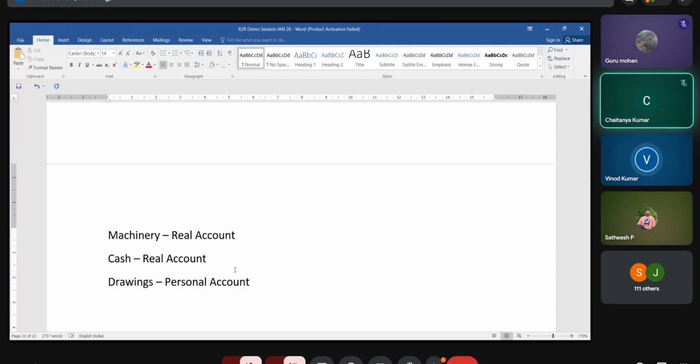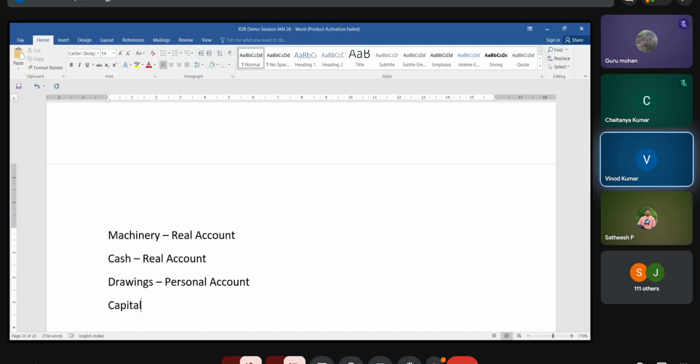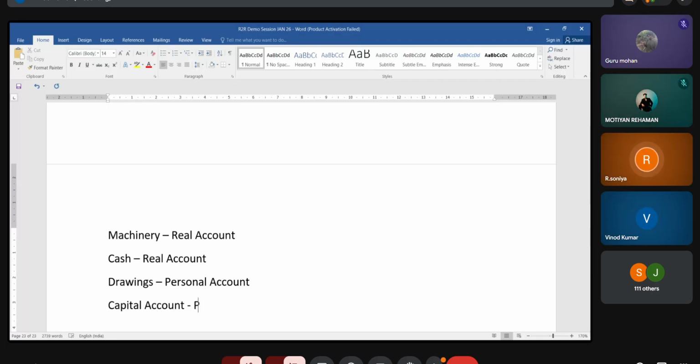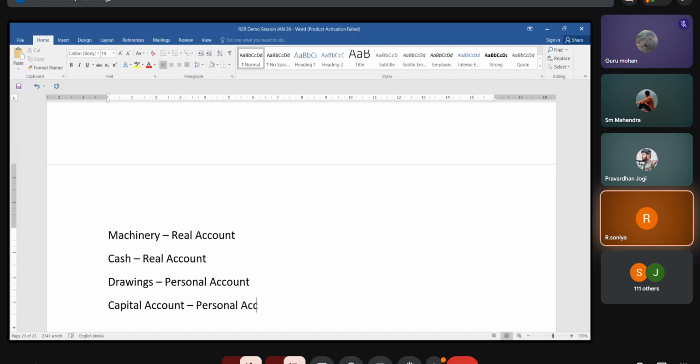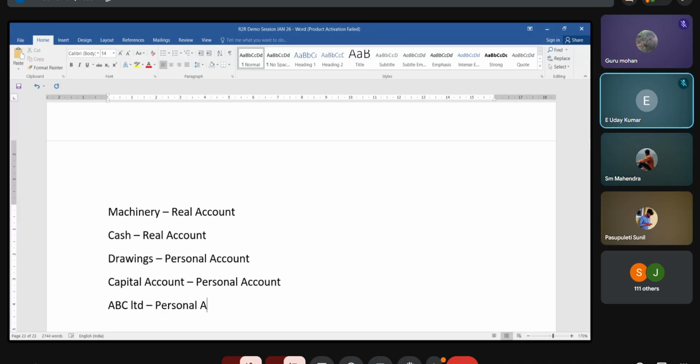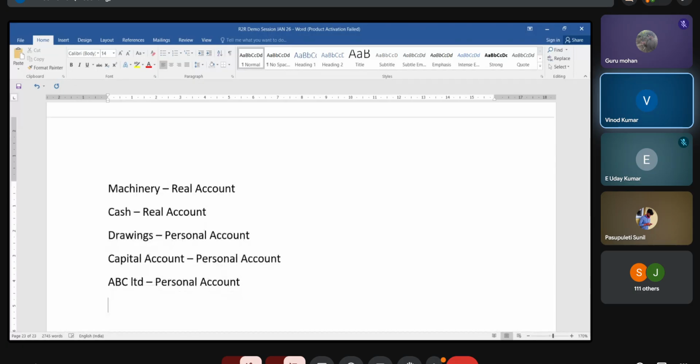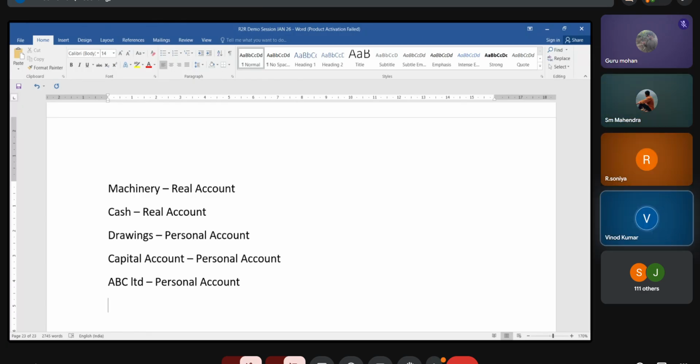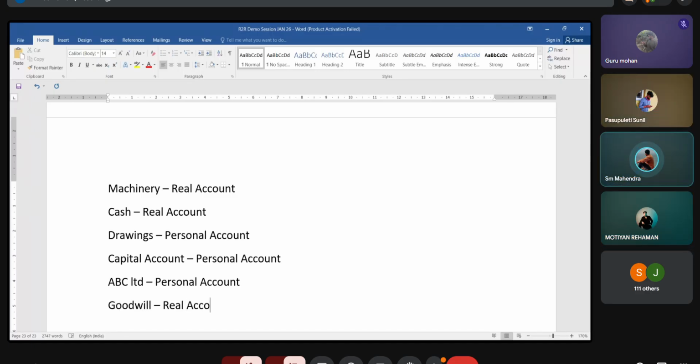Capital account, personal account. ABC Limited, which type of personal account is it? Artificial personal account. Goodwill, real account.